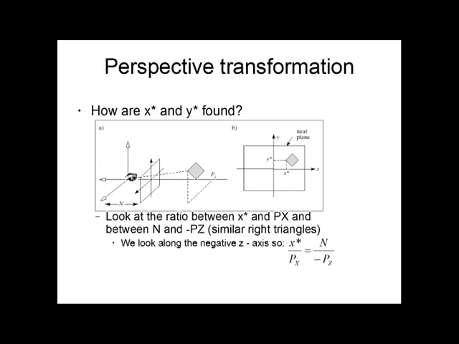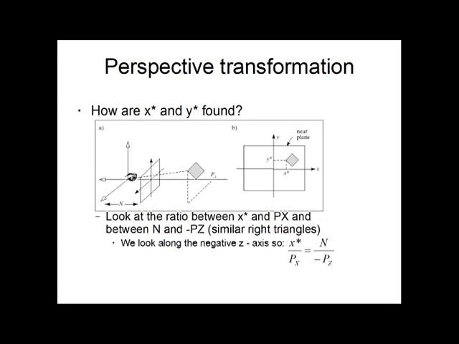So if we look at this scene here, and for starters just focus on the height, just the y and the z parts, or in this case actually the x and the z parts, we can basically imagine similar right triangles, and we can take the ratio between the distance to the near plane and the height or the distance in either x, y to the point where we want to project it onto the near plane.